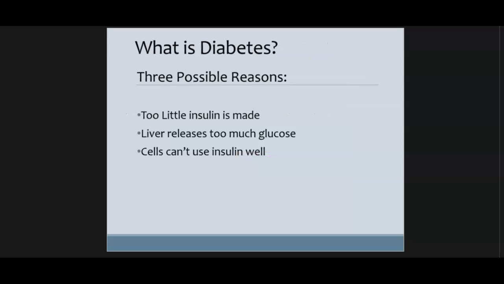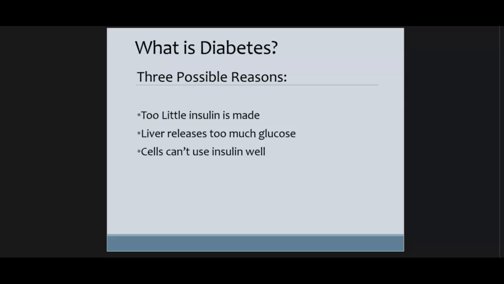So what's diabetes? There are 3 possible reasons that somebody may develop diabetes. One would be they have too little insulin, either no insulin is being made or too little, or the liver is releasing too much glucose, or a cell can't use the insulin.